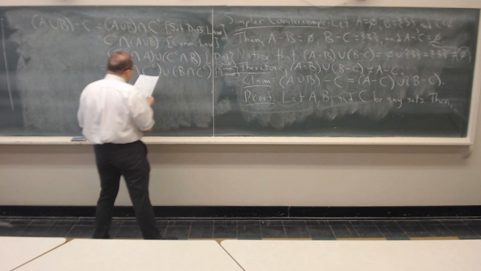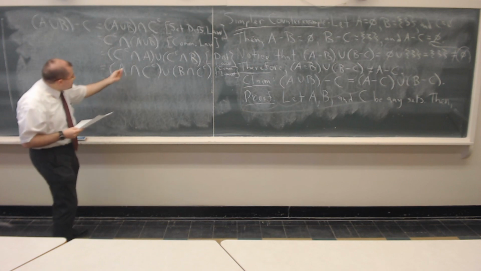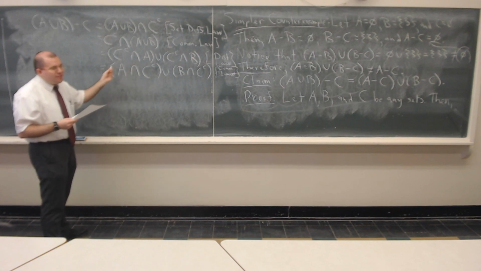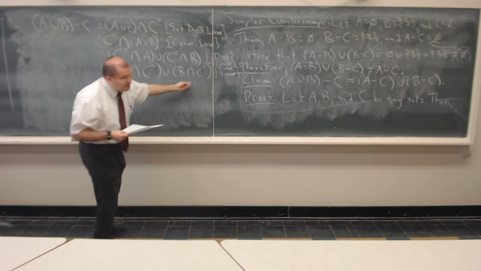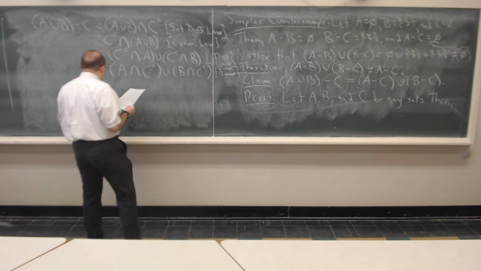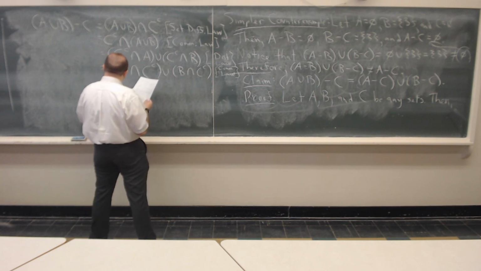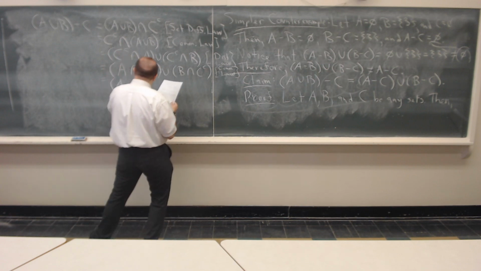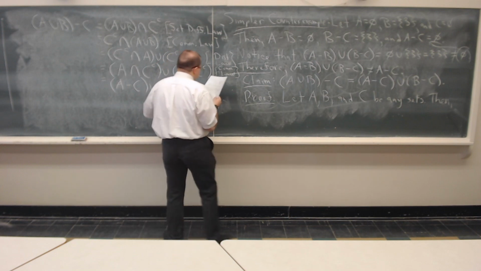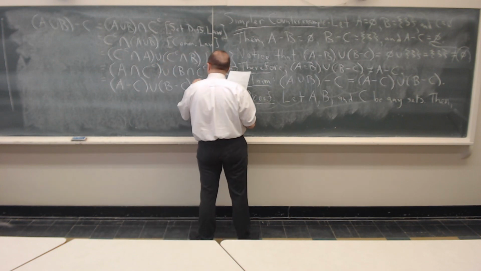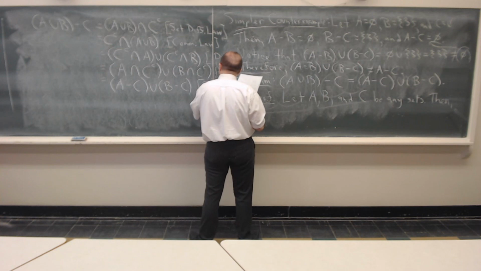Then, okay, well, look at this. Notice this right here is just the definition for a set difference, right? I could rewrite this as a set difference. Likewise, I can use a set difference here as well. So I'm just going to transfer those back into forms that we're familiar with from earlier. So I'm just going to make that A minus C union B minus C. So this is just, of course, the set difference law.